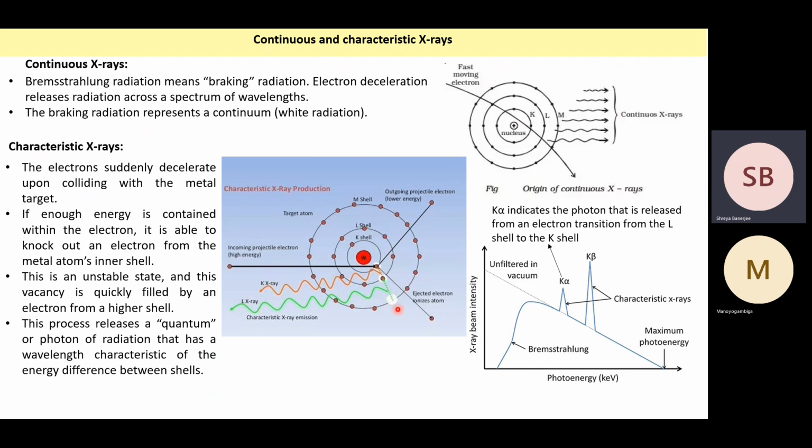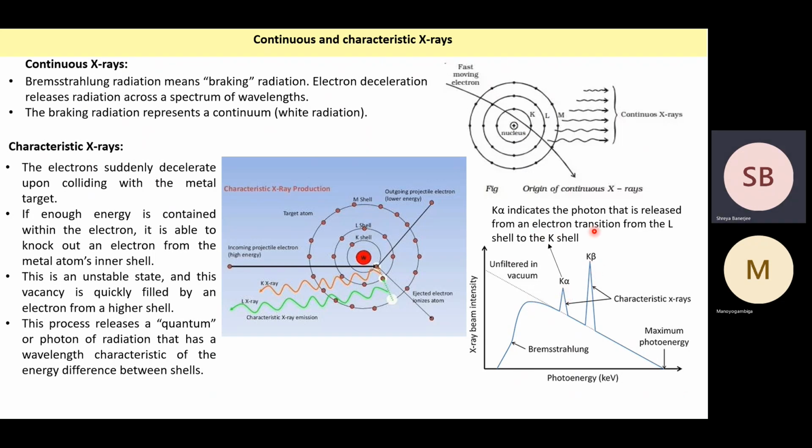Again, if an electron from the M shell goes to fill the vacancy of the K shell, then also the energy difference between M and K shells is released as a characteristic X-ray. So here in this diagram, you can see two characteristic X-rays have been shown.